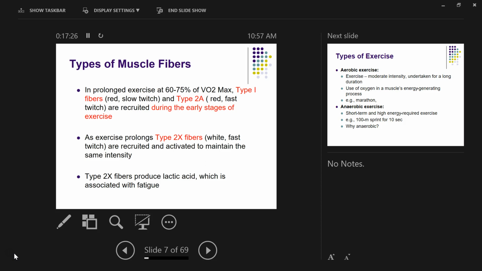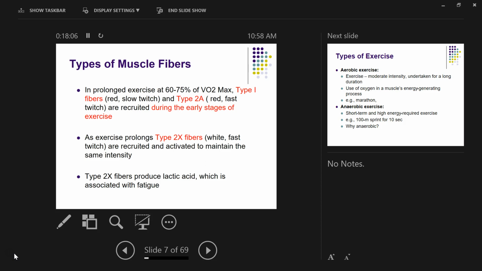And in long-term exercise, at 60 to 75% of maximum oxygen capacity, which I'm going to talk about later, right? So maximum oxygen capacity is usually used to measure exercise intensity, right? So again, during long-term exercise, for example, a marathon type of exercise, the type 1 fibers and type 2A fibers are recruited during the early stage of exercise.